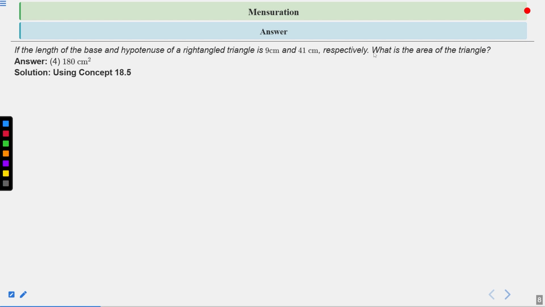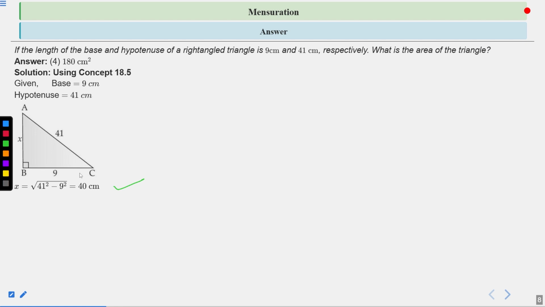Now see the detailed solution using concept 18.5 in this question. So given that base is 9 centimeter, hypotenuse is 41 centimeter. So we can let the perpendicular length be x. We get the value of x by the Pythagoras theorem, which is under root 41 square minus 9 square, which becomes 40 centimeter.